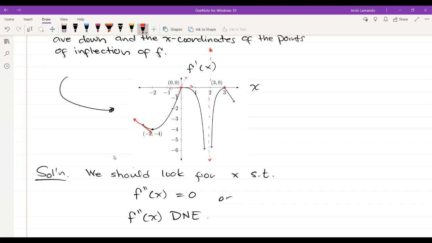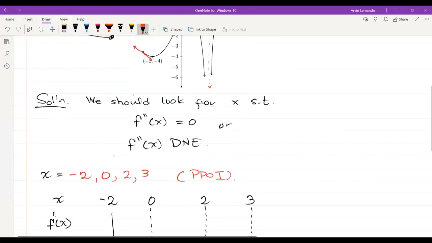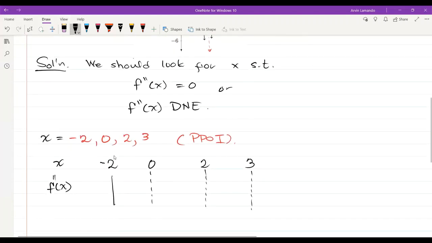The tangent lines have negative slopes. Therefore, f double prime of x is negative when x is less than -2.